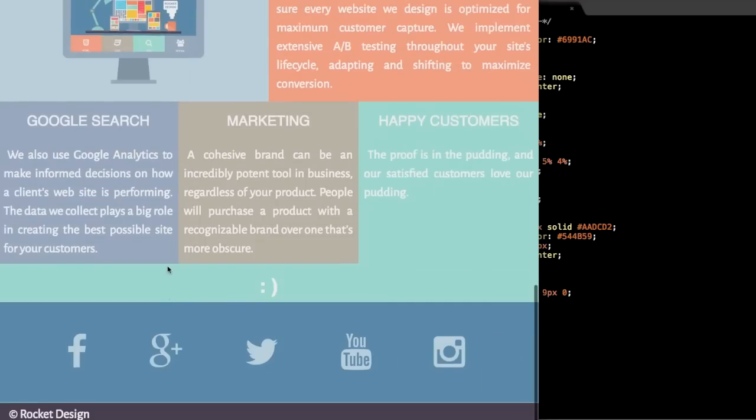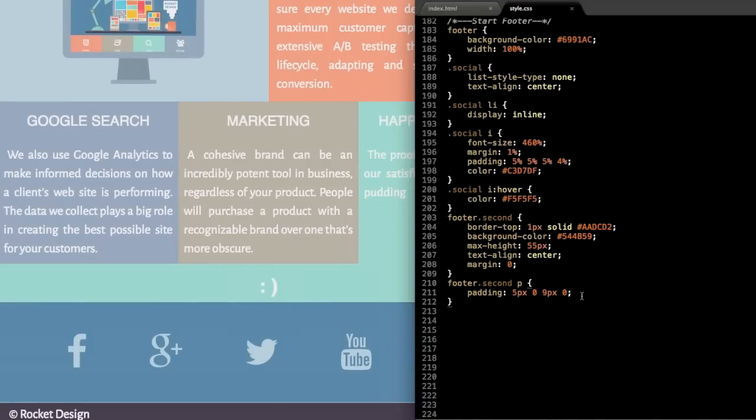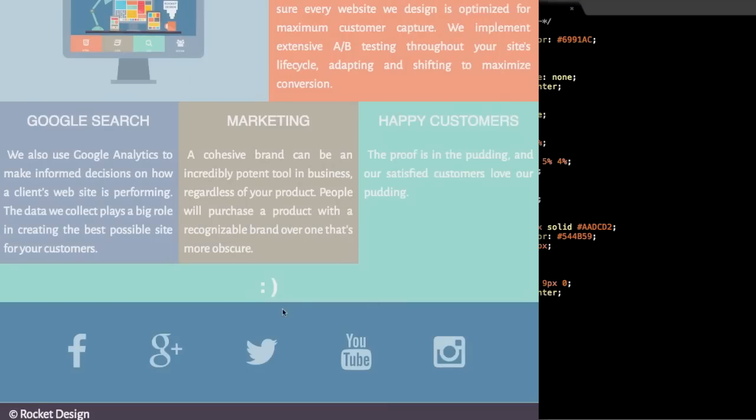Or let's see here. Yep, so we do want a text align center in the paragraph rather than the second class itself here. So then we refresh.